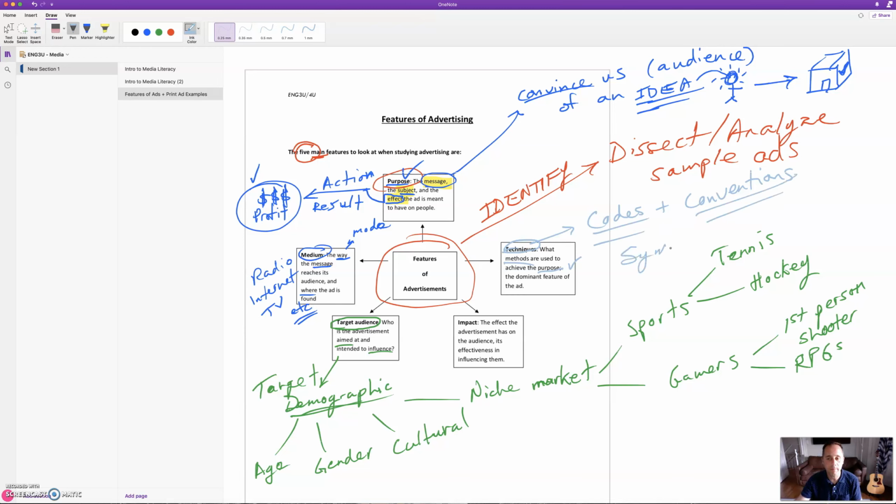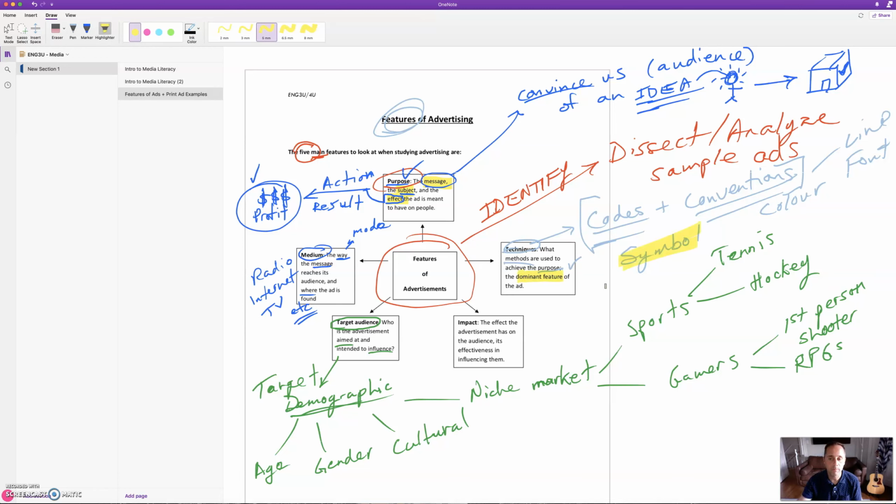Maybe it's going to be symbol is their main one. Maybe it's going to be color. Maybe it's a line or font, okay? And in this document, the features document, you have down below a detailed list of all of these codes and conventions.